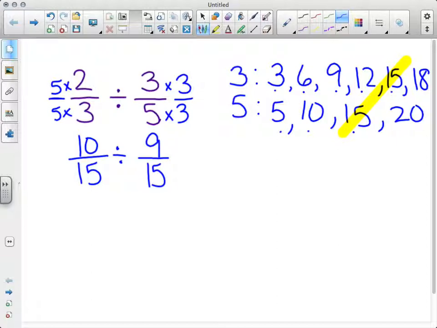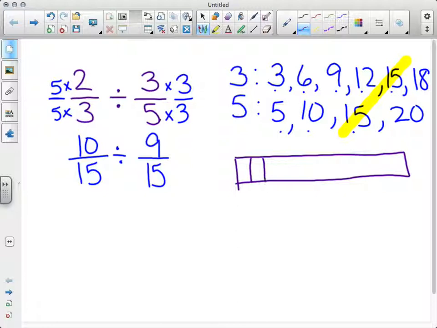So when we draw a diagram, now I want fifteenths. Fifteenths is really hard, so I'm going to do 14 lines. And I'm just going to double check my diagram, make sure I actually have 15 pieces.